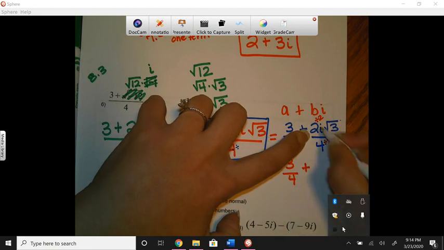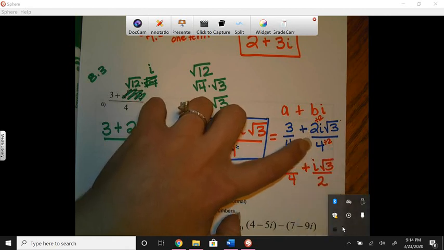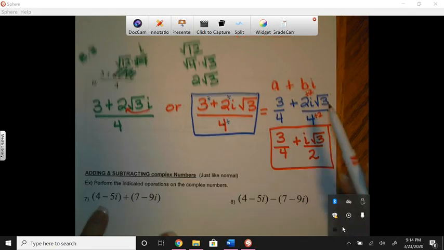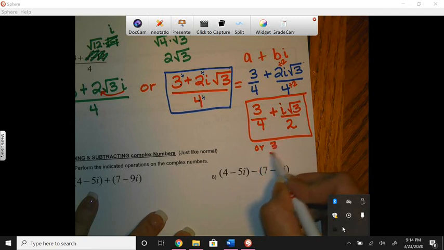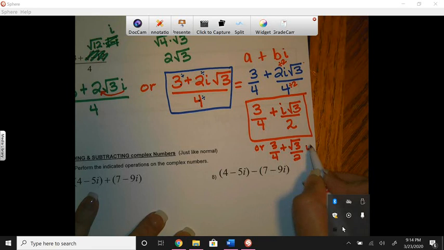And we would get 2 divided by 2 is just 1i. And then 4 divided by 2 is 2. So you can write your answer if we separate it like this. Some people may also write it like this, where they'll put the i after. Again, I don't do that because I don't want it to look like it's part of the radical.